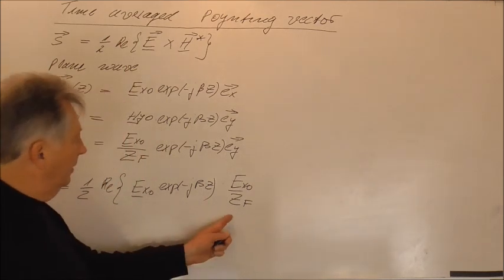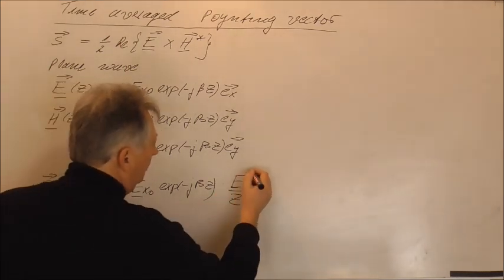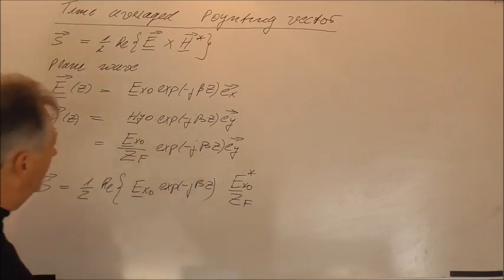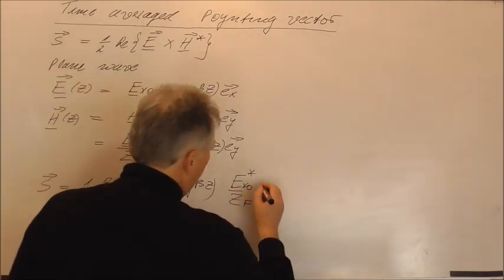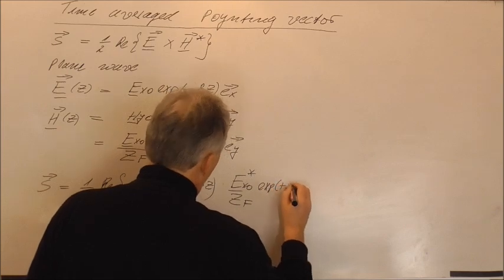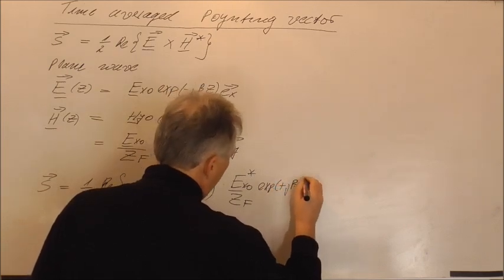Of course Zf has a real value, but here we have to take the conjugate complex, and if I take the conjugate complex of this, then it will be the exponential function of plus j beta times z.